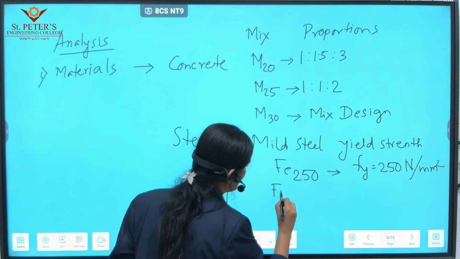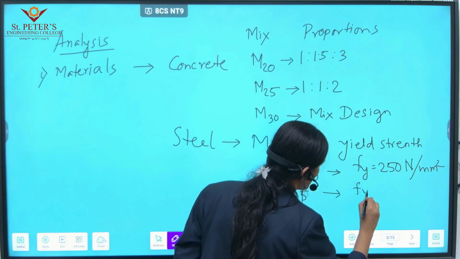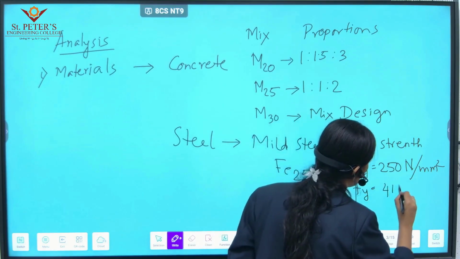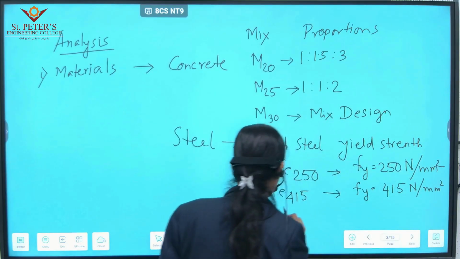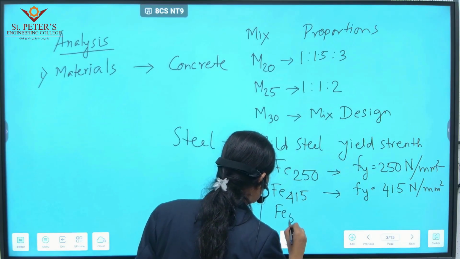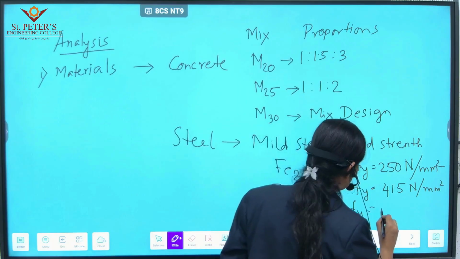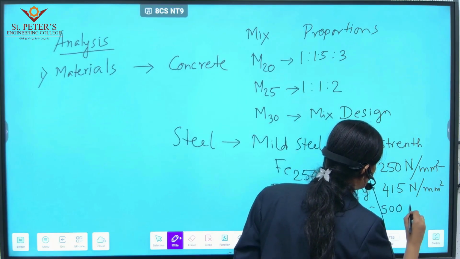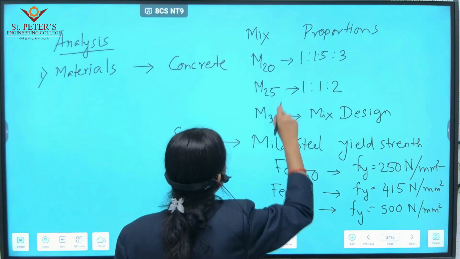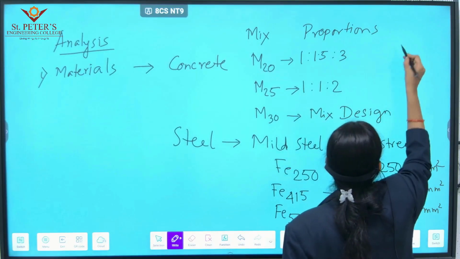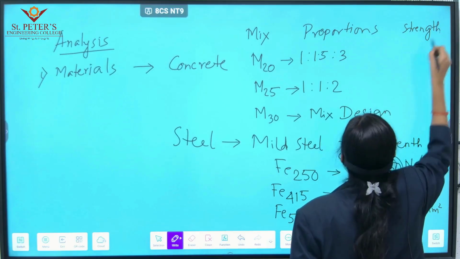Then we have Fe 415, where the yield strength is 415 Newton per mm square, and Fe 500, where Fy is equal to 500 Newton per mm square. In the concrete mix, the strength is denoted by fck.